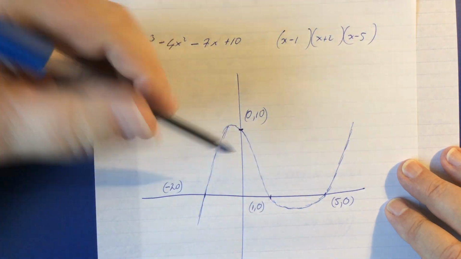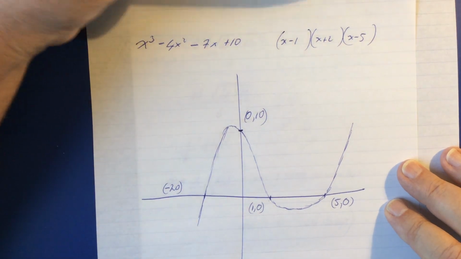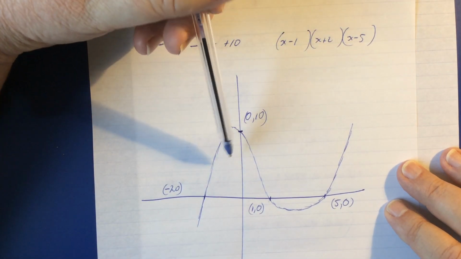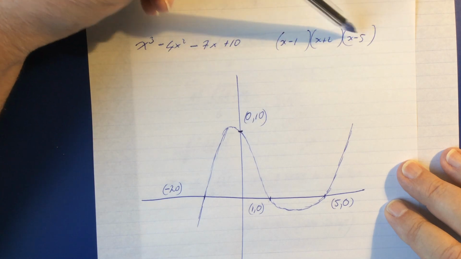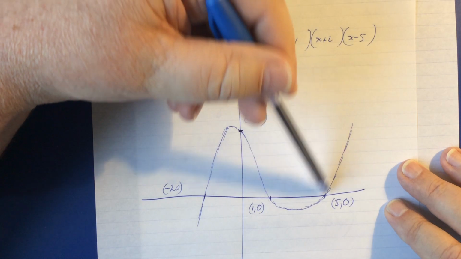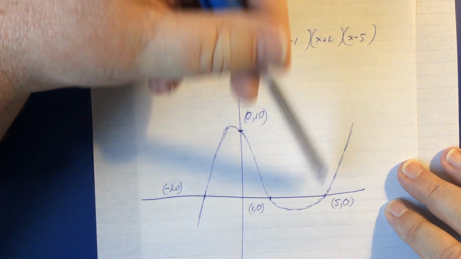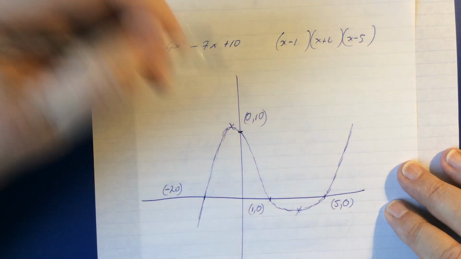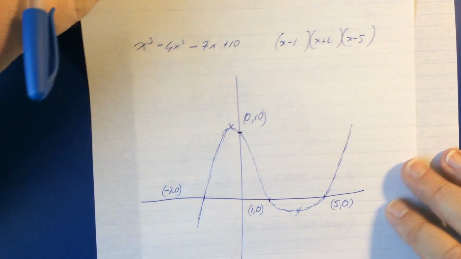But anyway, I factorized it off camera too, so we've got the points of intersection on the x-axis, on the y-axis, and when we join the dots we can get a rough impression of what this thing looks like. Now the turning points are here somewhere.